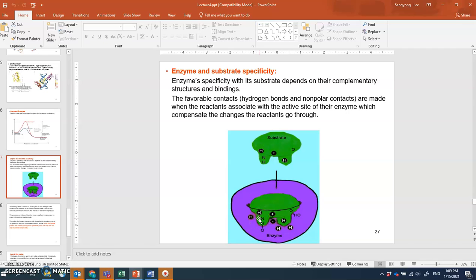So through those interactions, the structure of the substrate is changed, and that structural change is mediated by your enzyme. Once that change of the substrate is made, then the substrate can go through the chemical reaction more readily. So that's what's happening to lower that activation energy.